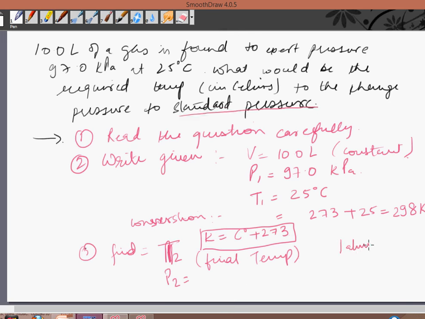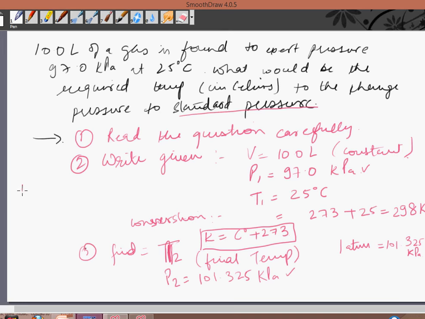Standard pressure is 1 atm, that is 1 atmosphere, which is equal to 101.325 kilopascal. So we write P2 is 101.325 kilopascal. See, all the units of initial and final variables should be the same, right?